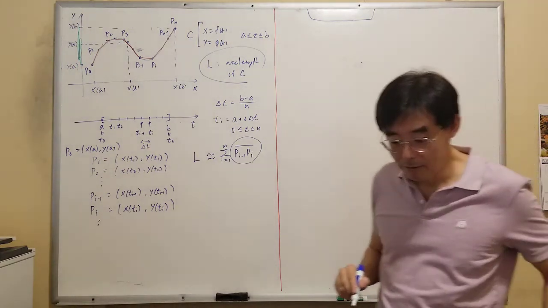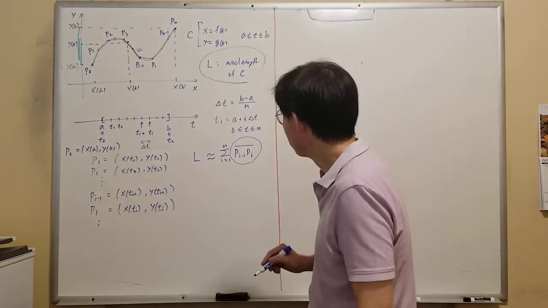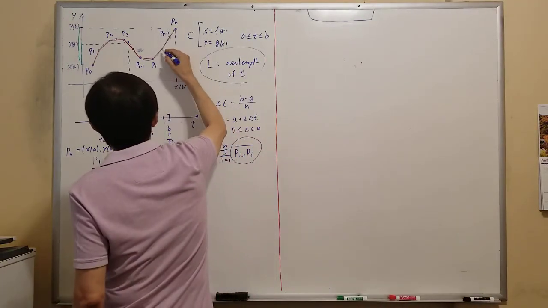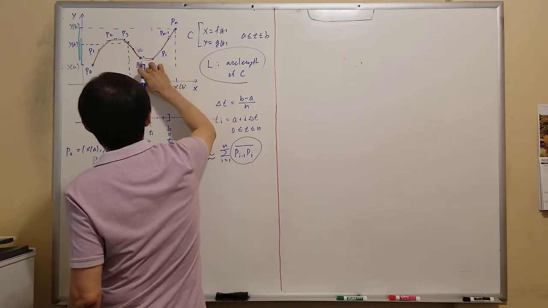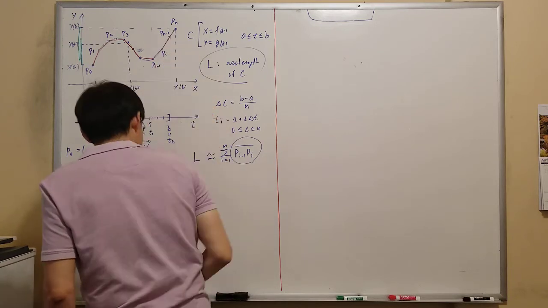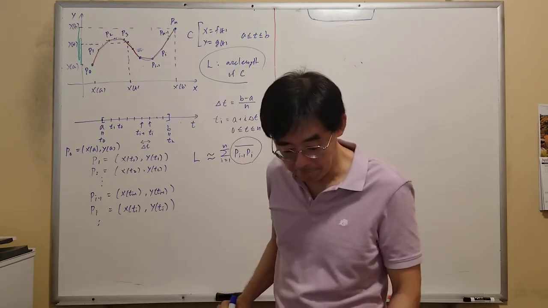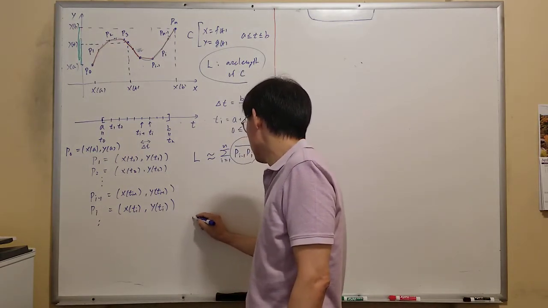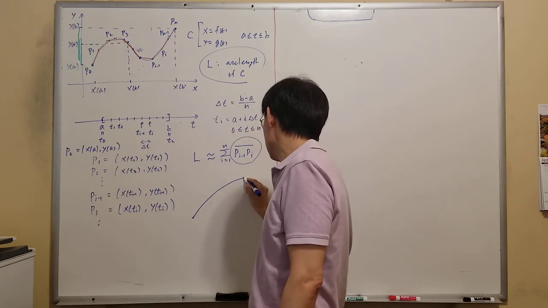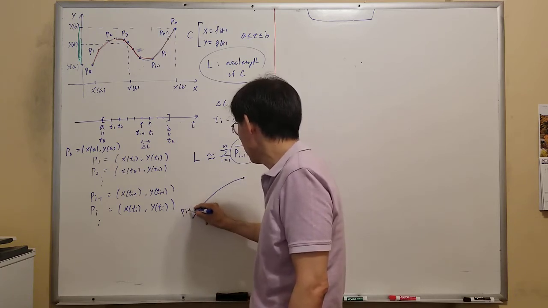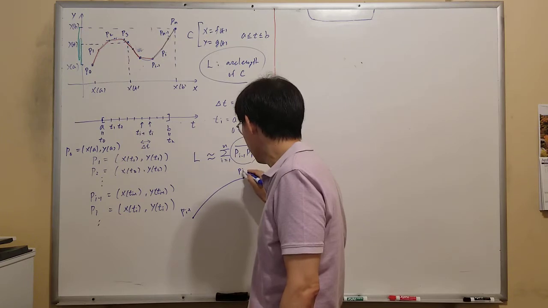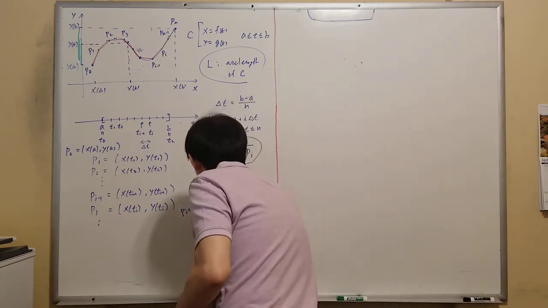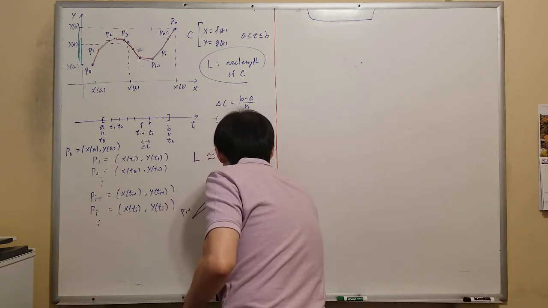Then we want to find a good approximate value for that. Let's take a look at a typical case, P_{i-1} to P_i, and this line segment.